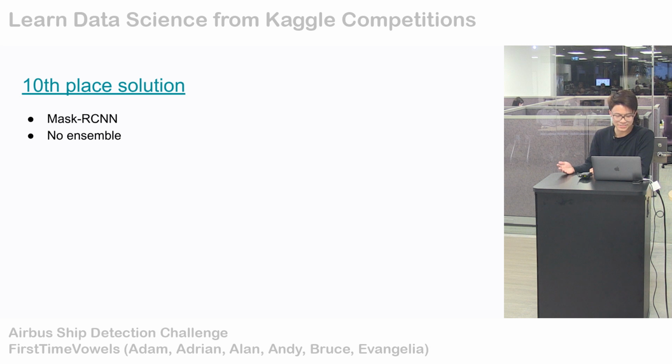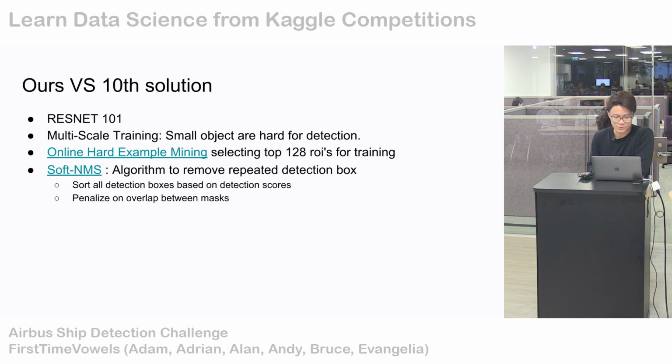Until I saw this solution, which also doesn't have any ensembles, but they do have some tricks. One trick is they use ResNet 101, which I didn't include. Another trick is they use multi-scale training. To detect ships that are really small, they will rescale their image.